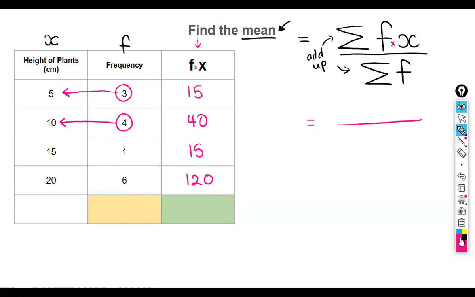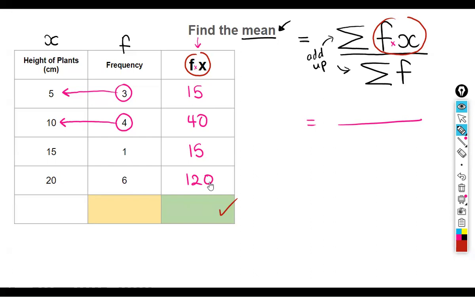According to the formula, you have the sigma fx that goes on top. Sigma fx means you go to the fx column and add up everybody in the fx column. You think you guys can do that for me? Add up everybody in the fx column and put the answer here. 15 plus 40 plus 15 plus 120.